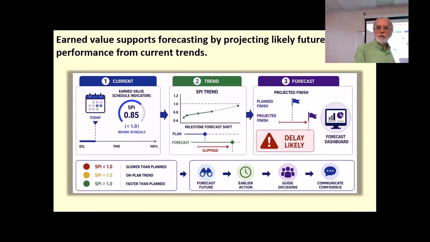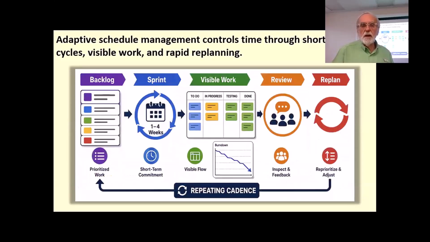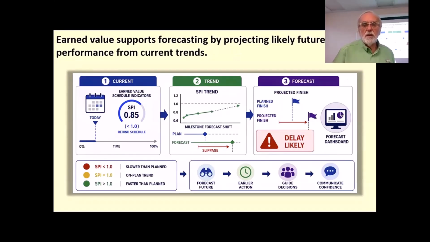Earned value supports forecasting by projecting likely future performance from current trends. One of the biggest advantages of earned value is that it does more than just describe current performance. It helps us forecast where the project is likely headed if current trends continue, like I was mentioning. For schedule management, the most powerful forecasting signal is often the schedule performance index.